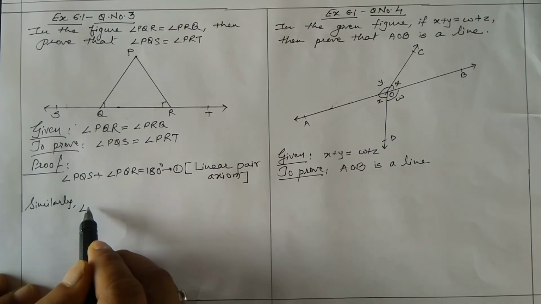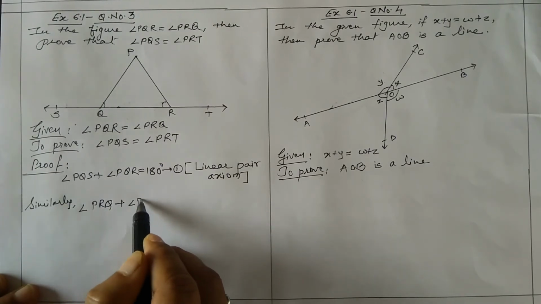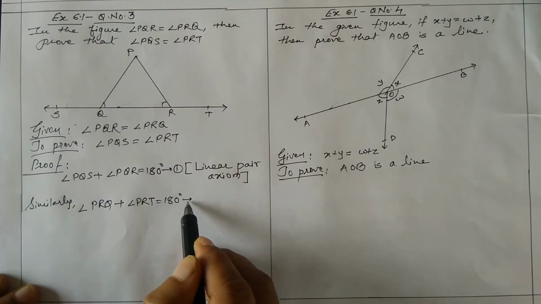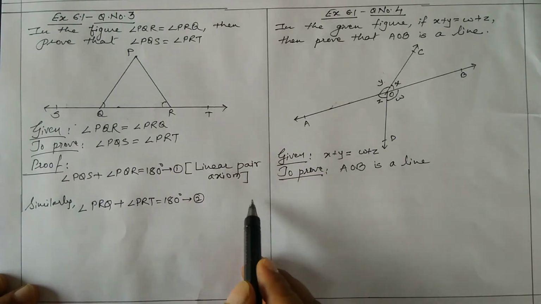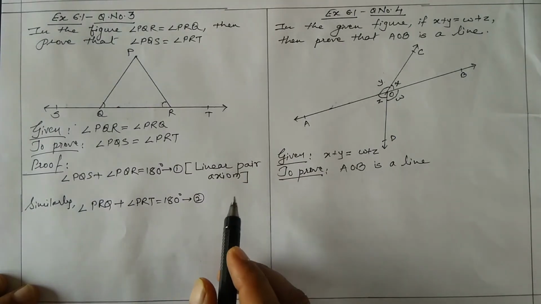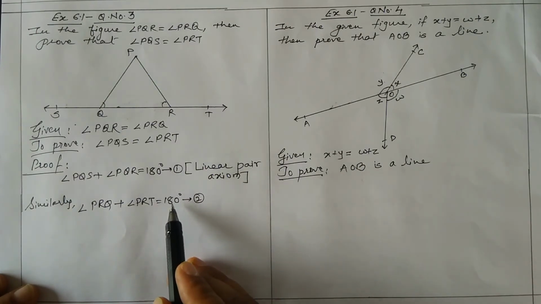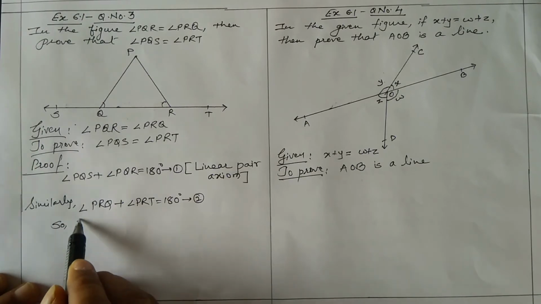Similarly, angle PRQ plus angle PRT is equal to 180 degrees. Result number 2. When you are writing similarly, there is no need to write the reason. If you write it, no one is going to deduct your marks. So from 1 and 2, what are you getting? 180 degrees on the right hand side in both, so you can equate the left hand sides.